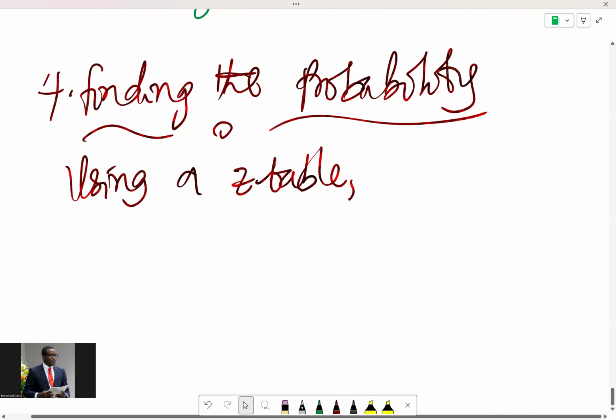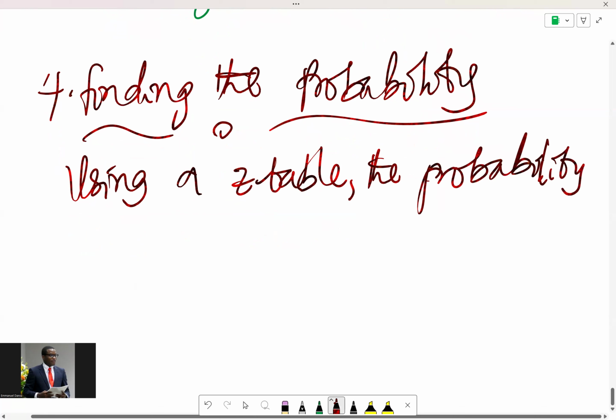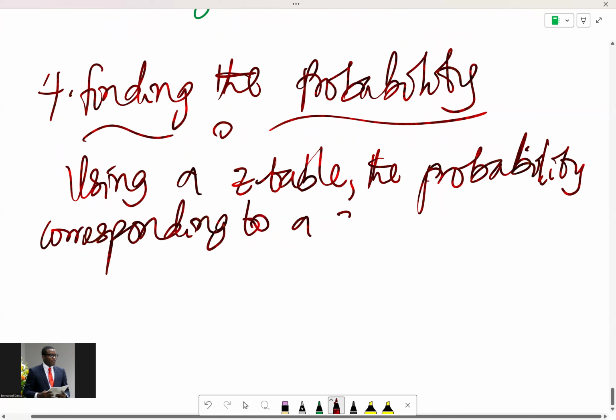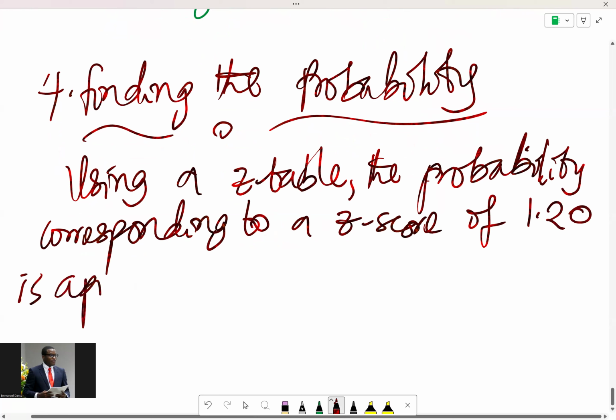So using a Z table, the probability corresponding to a z-score of 1.20 is approximately 0.8849.